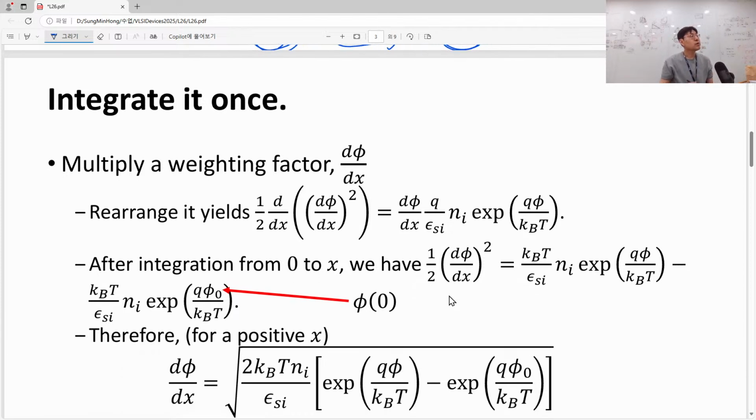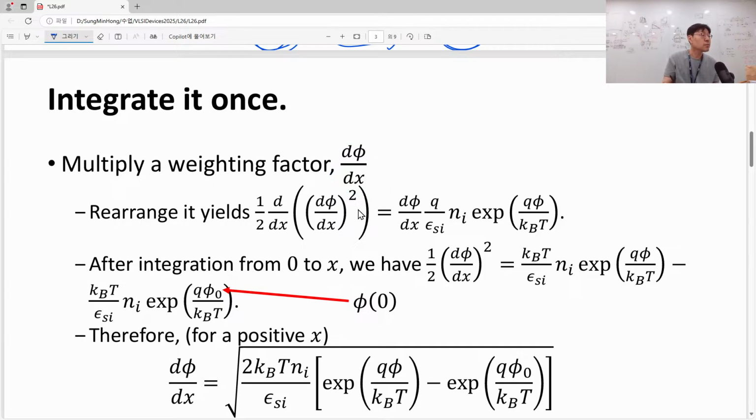Then how can we obtain the expression for our double gate MOSFET? Please recall the procedure we followed in our planar MOSFET analysis. At the time, we multiplied by the weighting factor corresponding to the electric field. After that, by integrating this modified equation, we were able to get the square of the surface electric field. We will repeat this procedure exactly for our double gate MOSFET.